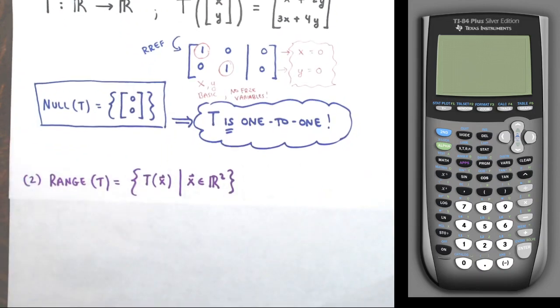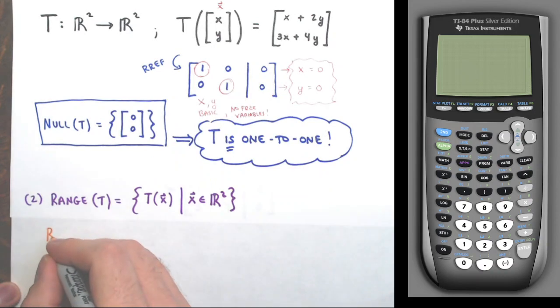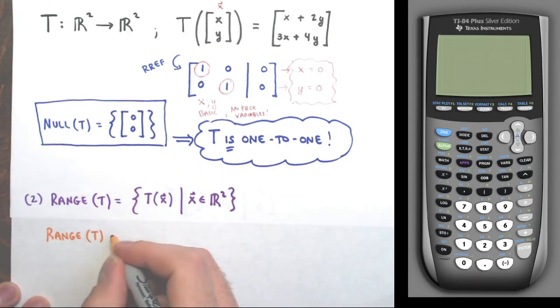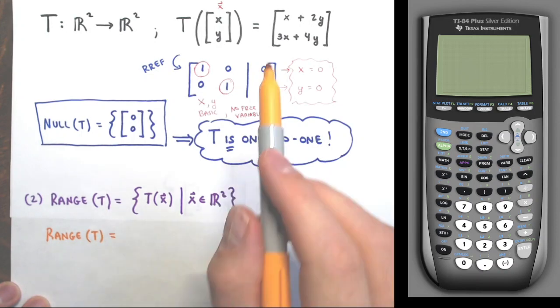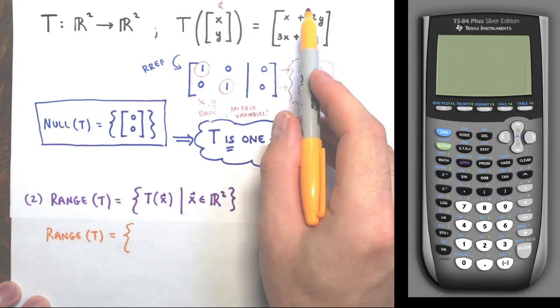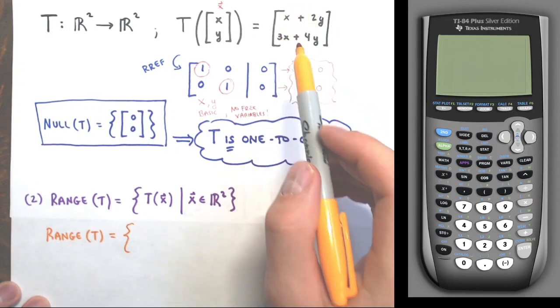So I could very easily just write out here that the range of T, in this example, is equal to the set of vectors that all look like this. Every output has this form up here.